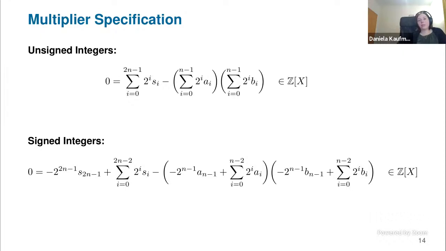So, as Massimo is pointing out, the specification is natural over the integers, but not over F2 or GF2.